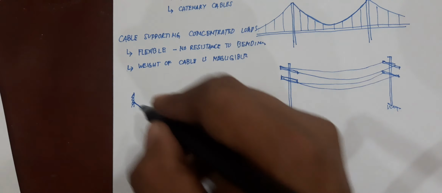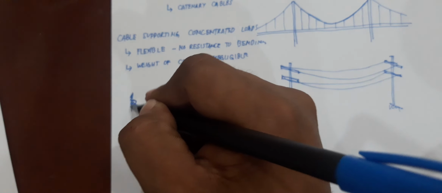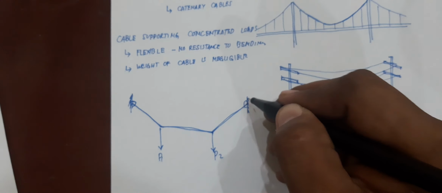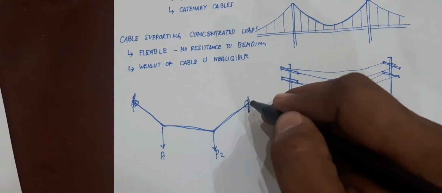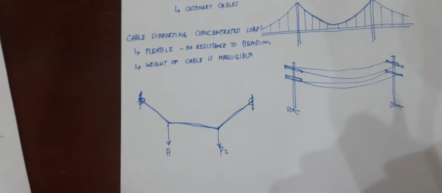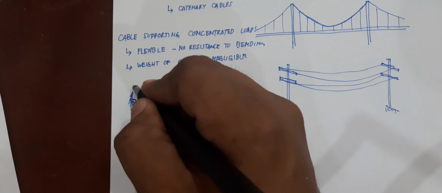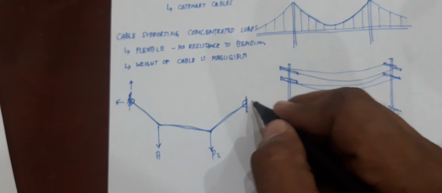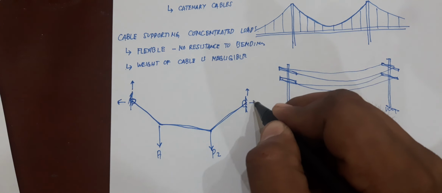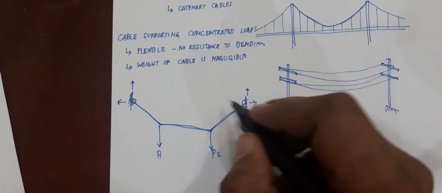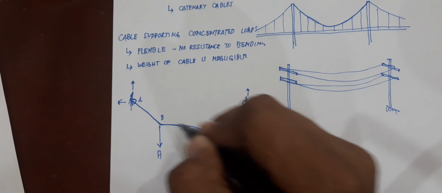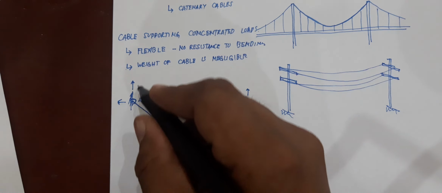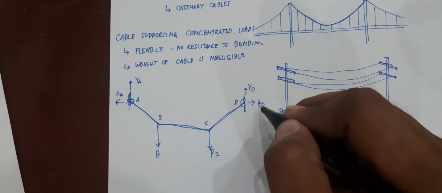If they are attached to a pin, and a pin on the other side also, then your supports would have their reactions, vertical and horizontal. If this is point A, point B, point C, and then point D, you would have a vertical reaction at A, horizontal reaction at A, vertical reaction at D, and horizontal reaction at D.